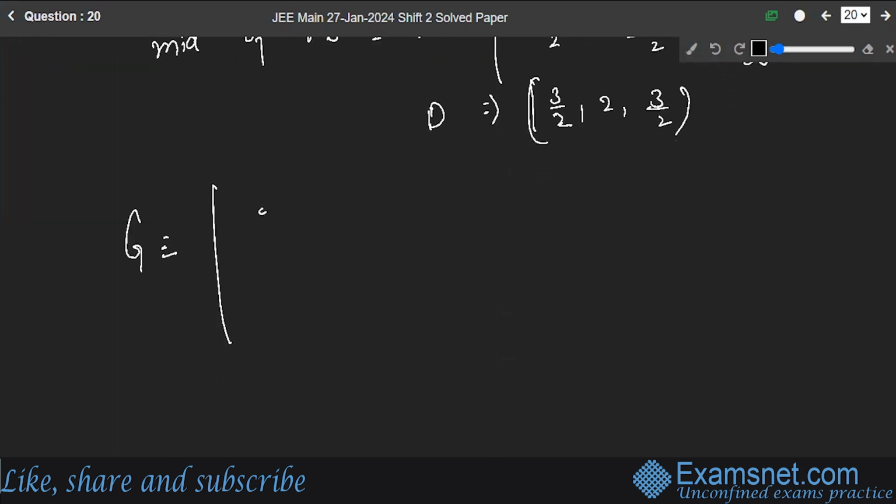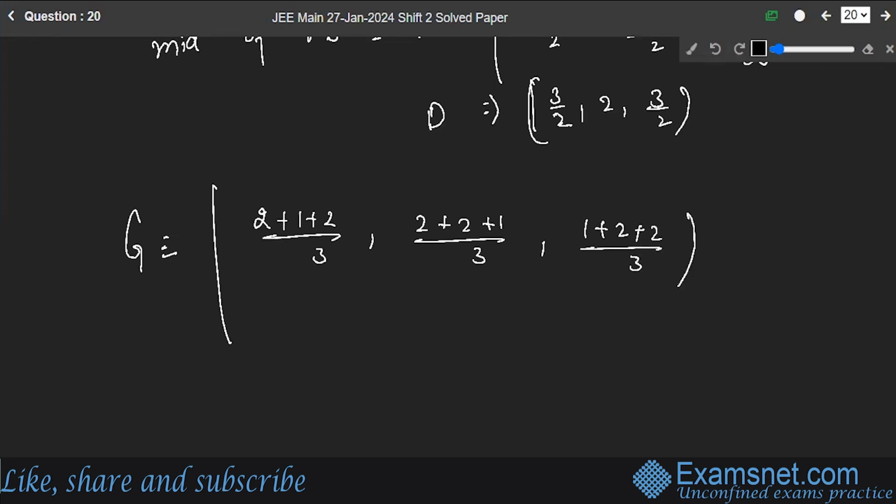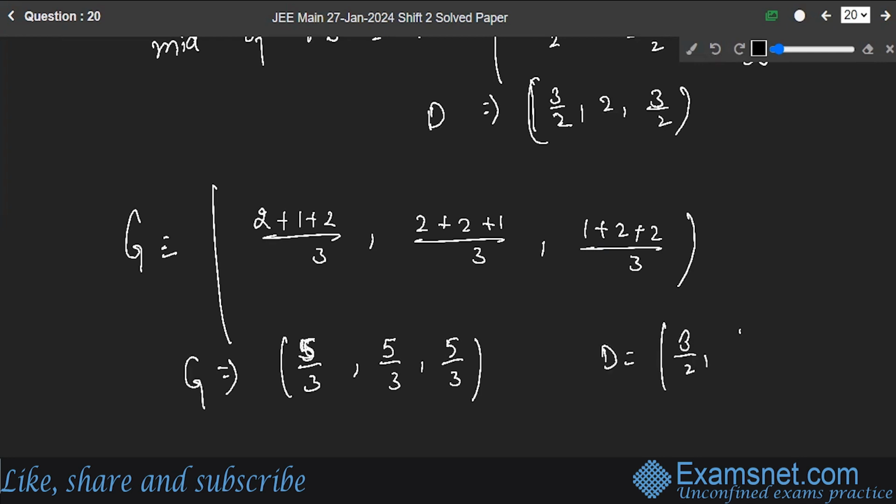You have 2 plus 1 plus 2 upon 3, then 2 plus 2 plus 1 upon 3, then 1 plus 2 plus 2 upon 3. This will be equal to 5 upon 3, 5 upon 3 and 5 upon 3. This is your G and we just calculated D as this.